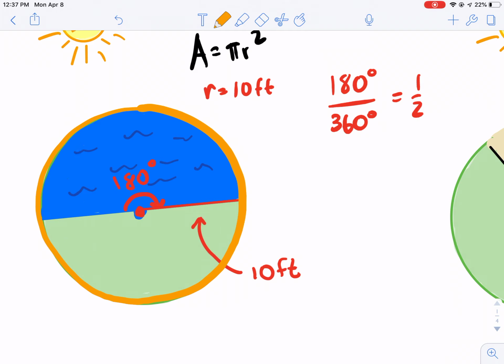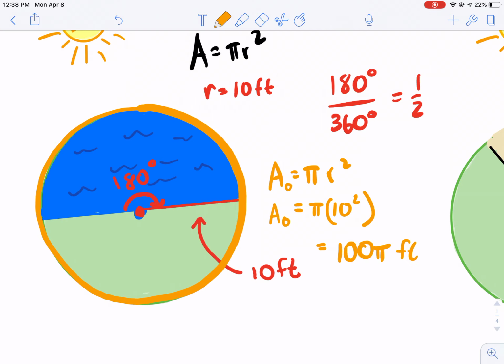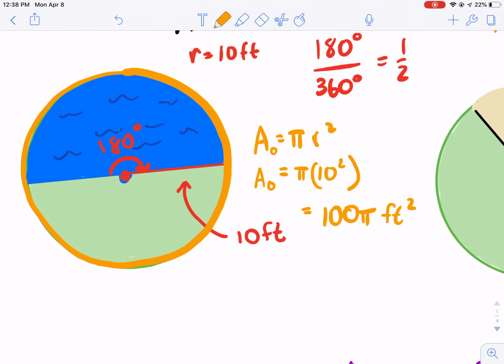So let's start. Area equals pi times the radius squared. We're finding the area of the whole circle first. I'm going to put a little circle symbol so you know it's for the circle. The area of the circle is pi times 10 squared, not pi times 10, squared. There's a difference. So we get area equals 100 pi feet squared. That's for the whole thing. We only want half of that.